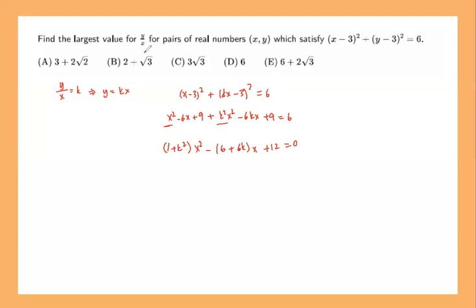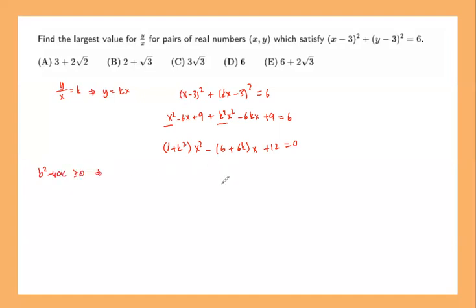Now we have to take a look at what we have. We are given that y and x are real numbers, so the fraction of those is also real, which means k is real. But this is a quadratic equation in terms of x. In order for us to get a real solution, the discriminant should be a positive number, or at least 0. The discriminant is b squared minus 4ac, and it has to be larger than or equal to 0.